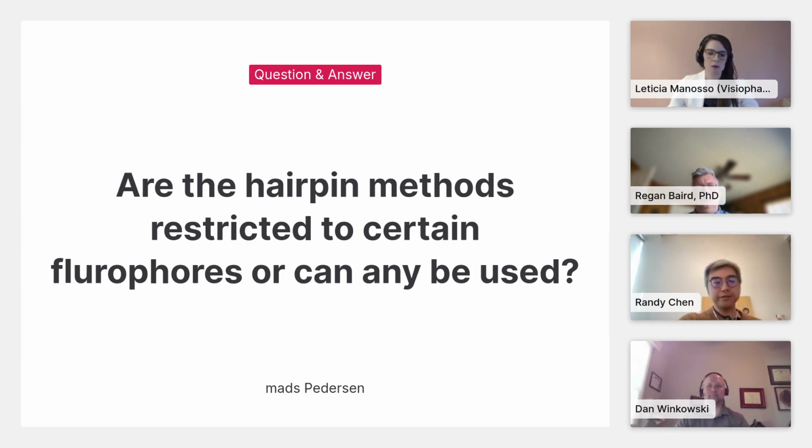We have conjugated fluorophores or other haptens onto our hairpin. So if you want to make sure your fluorophores can be conjugated, then just contact us at Molecular Instruments.